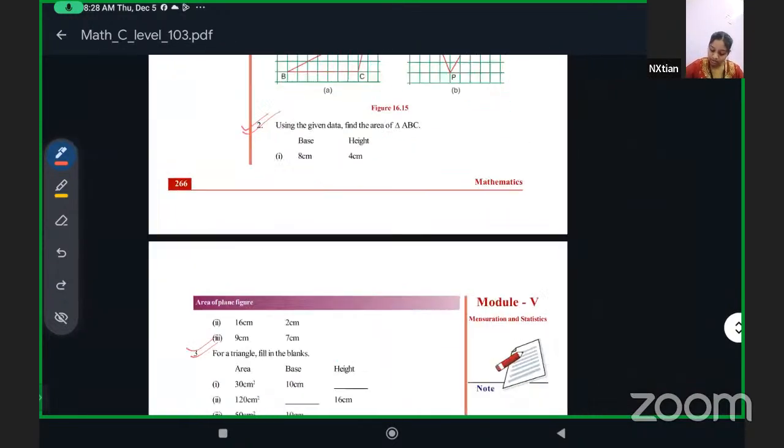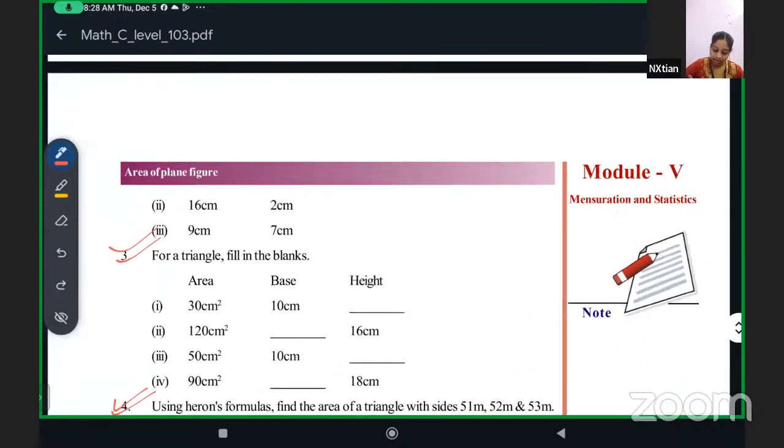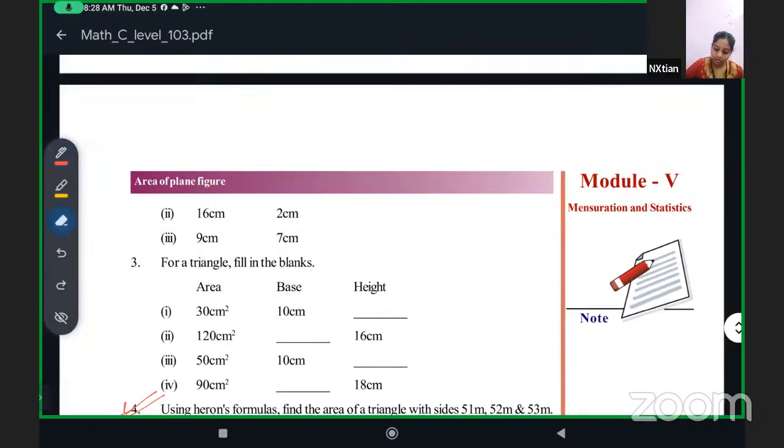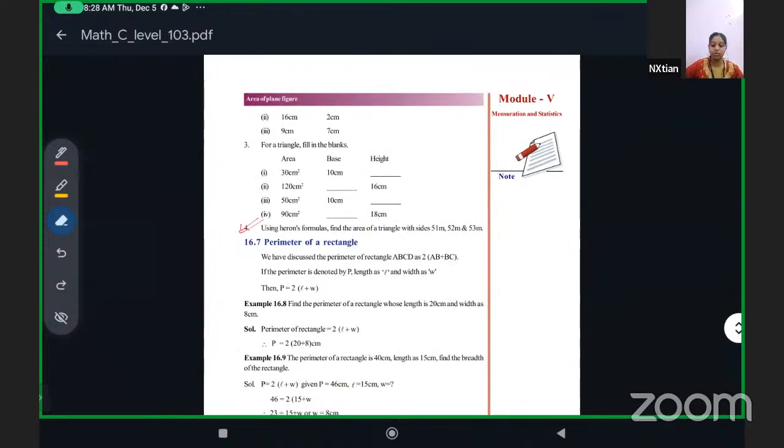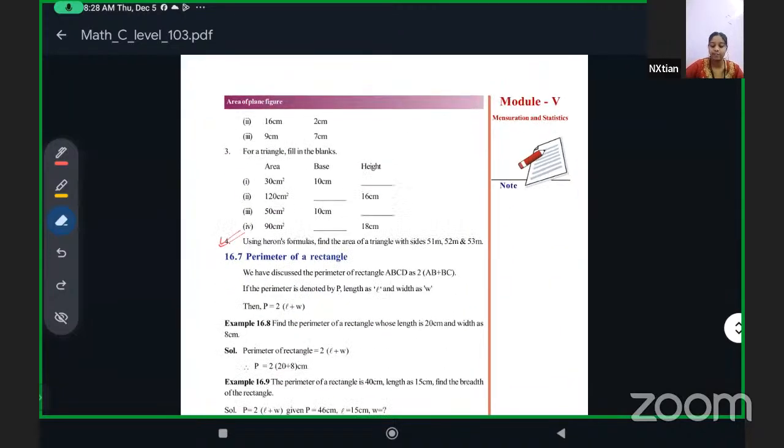Third question, don't do yet. Do the first, second, and the fourth question. I will teach you how to calculate the height when area and base are given, and how to calculate base when area and height are given, in the next class. We will learn about this. Today's homework is the first, second, and fourth question.